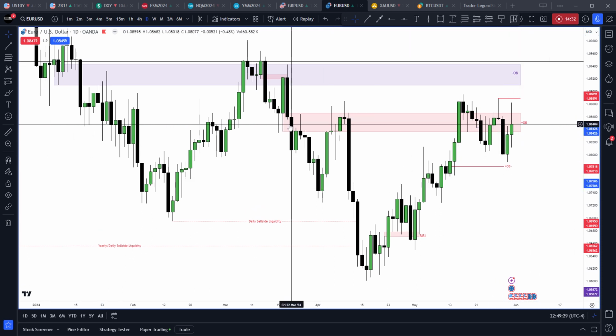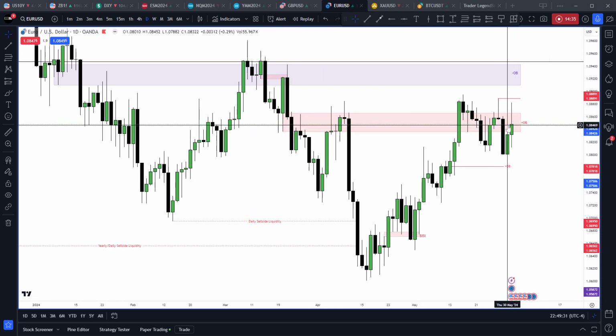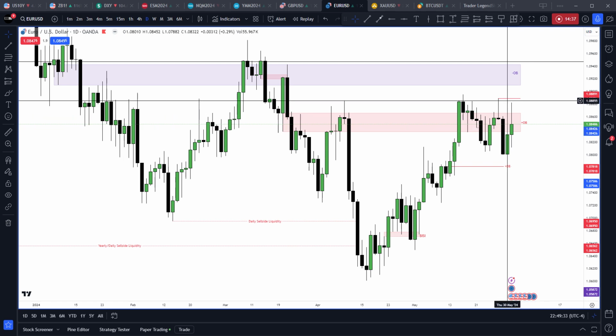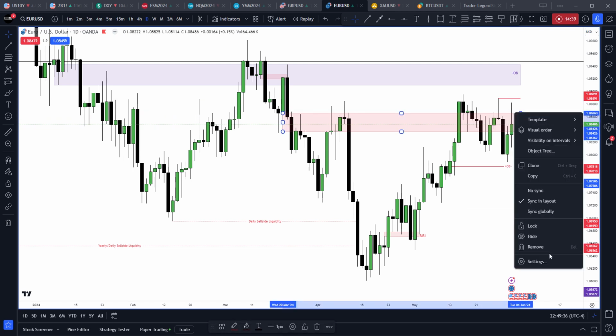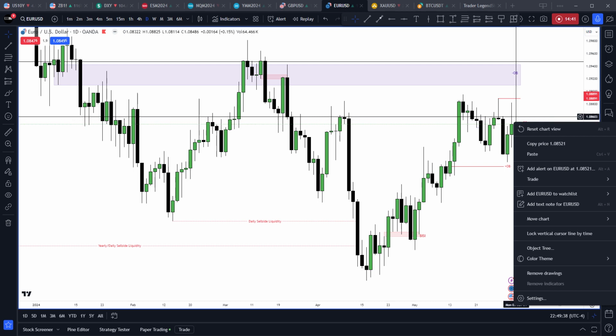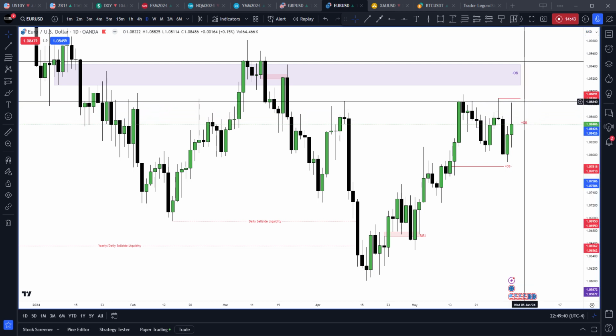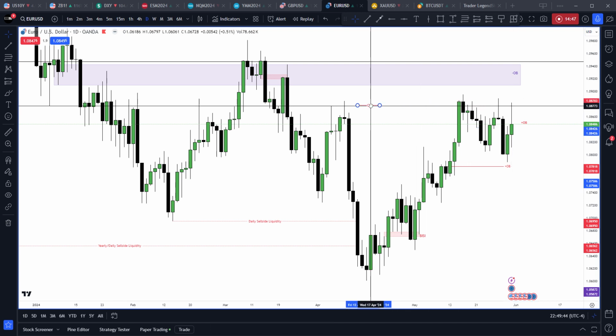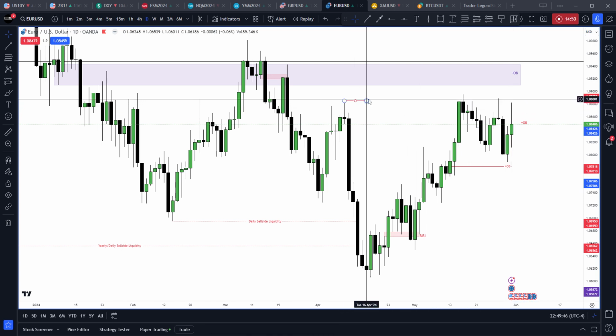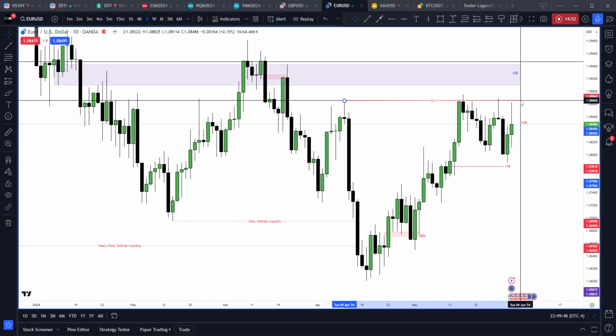all we're doing is having a look at this right here. I'll be honest, what I might do, I might actually delete this order block here because it is very messy. What I might do is extend this out in time.